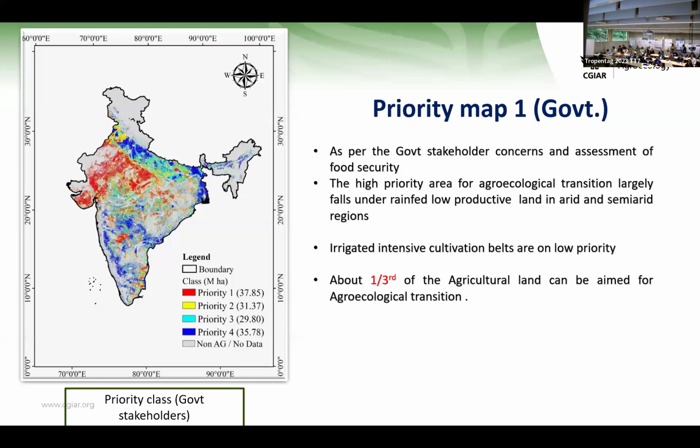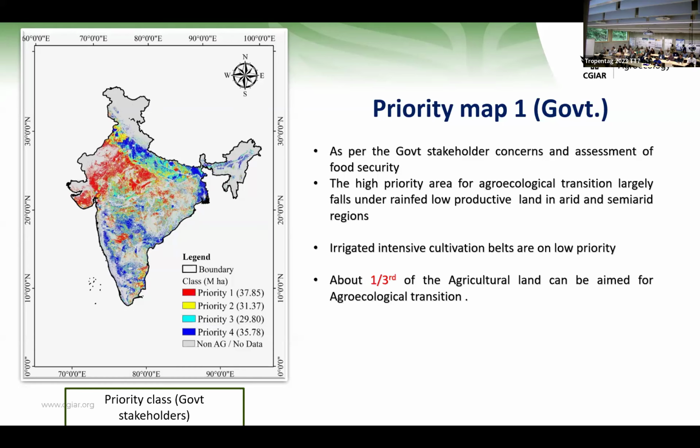The government wants to primarily focus on rain-fed agriculture because irrigated agriculture they want to maintain as it is. Irrigated regions are the regions where the productivity and yields are always higher. They don't want to shift those regions into natural farming, which in turn leads to lower yields. They want to prioritize more the dry areas, these regions where rainfall is low, temperature is high, and productivity is less.